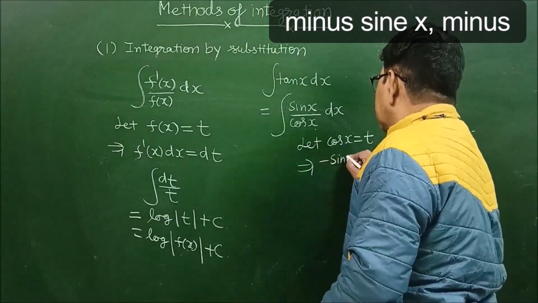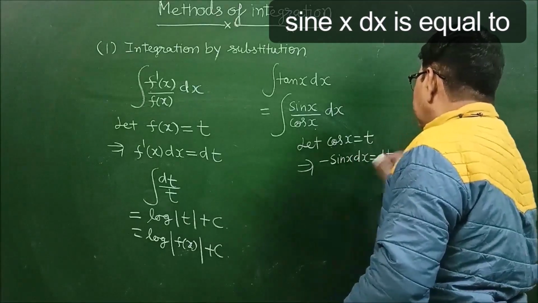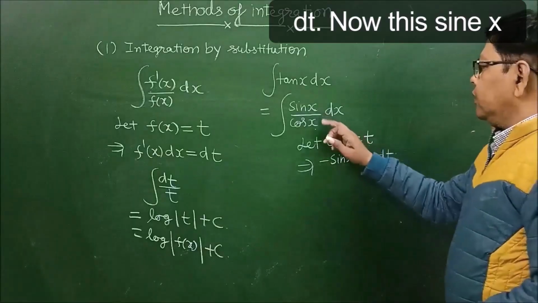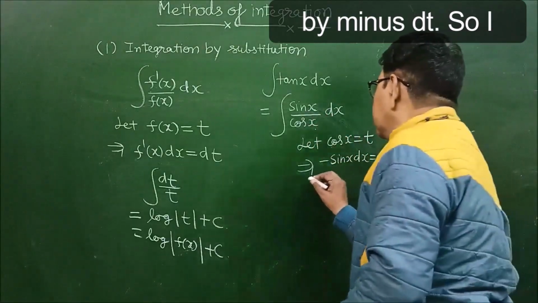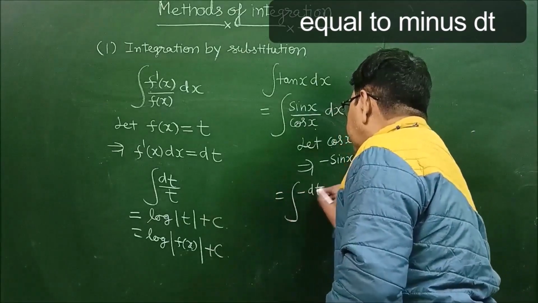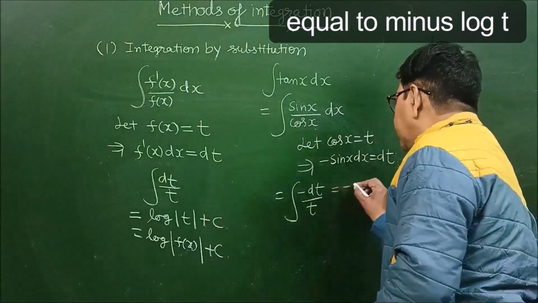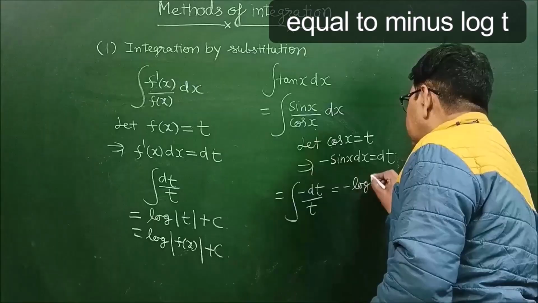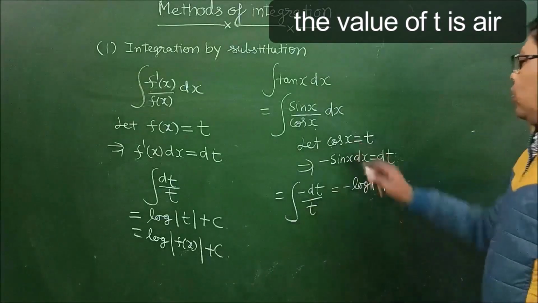Minus sin x dx is equal to dt. Now this sin x dx can be replaced by minus dt. So I can write this is equal to minus dt upon t, which is equal to minus log mod t plus c, and the value of t is here cos x.